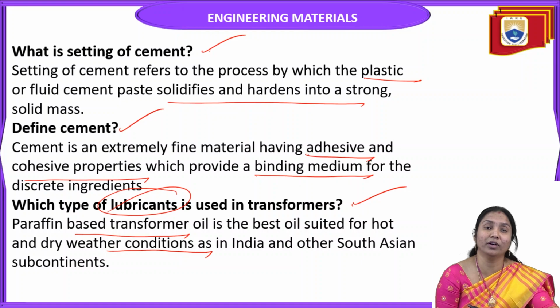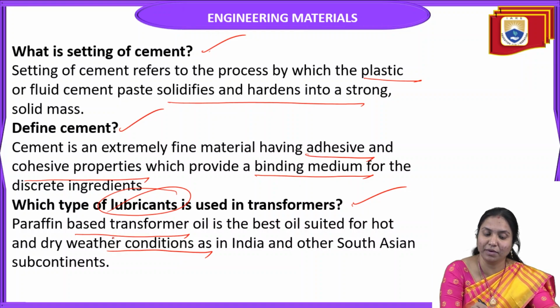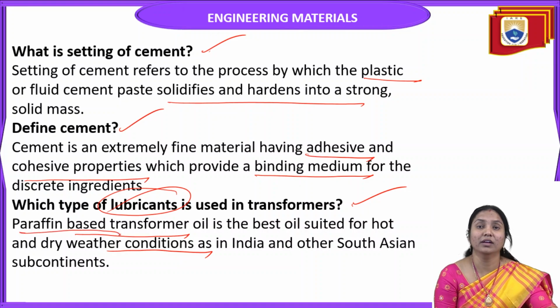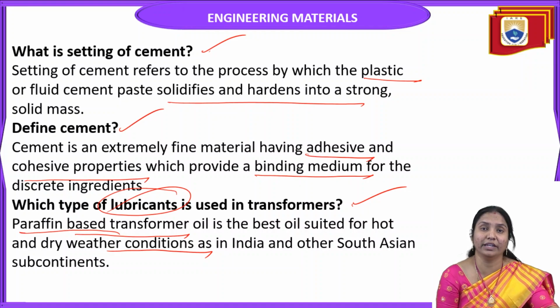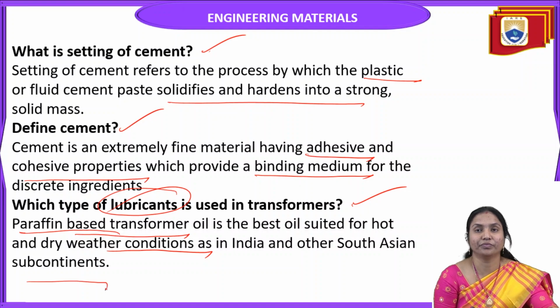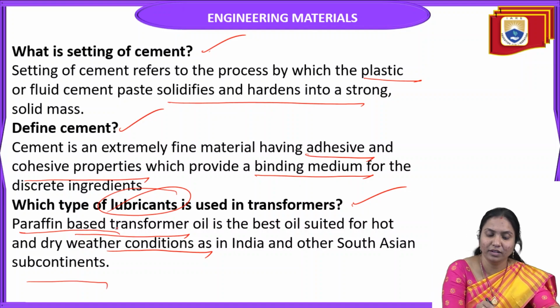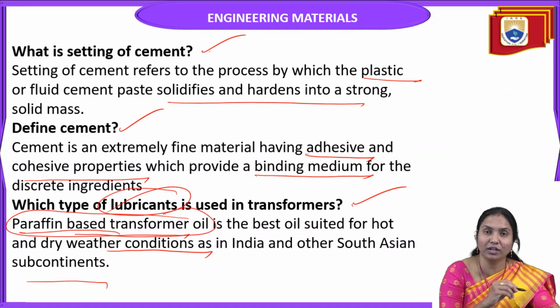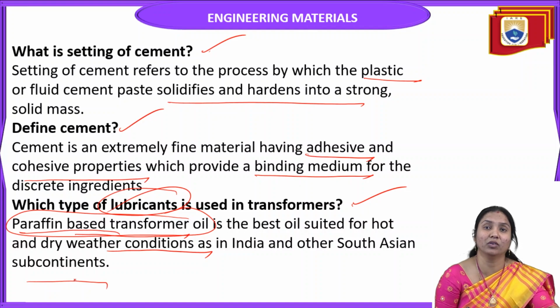In India, we mostly prefer this paraffinic transformer oil, which is suitable for hot and dry conditions. It is also preferred in other South Asian subcontinent countries, because it is more suitable for hot and dry weather conditions.